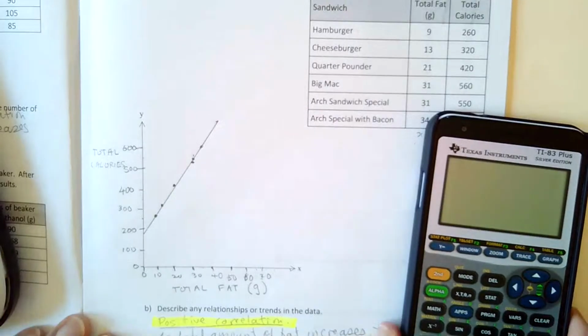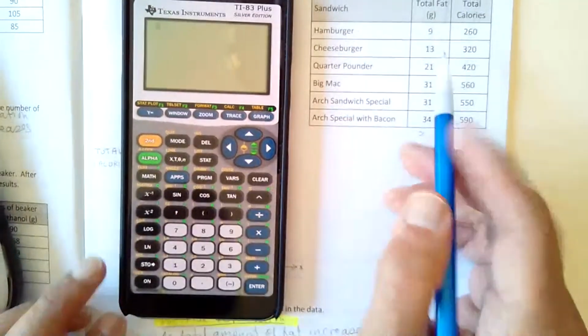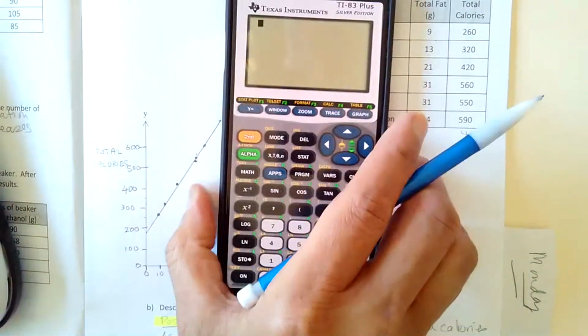So let's get to this here. Now I want to plot the set of data. So I'm going to follow my instructions here.